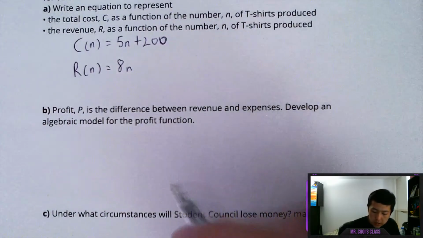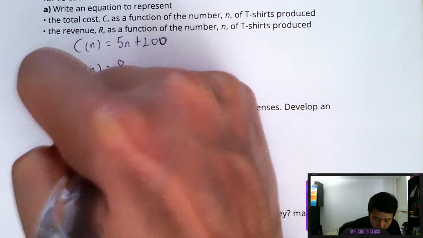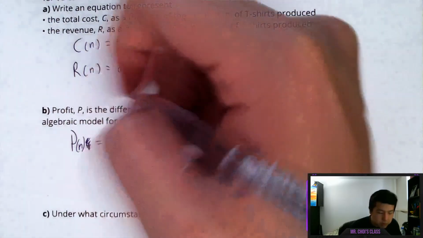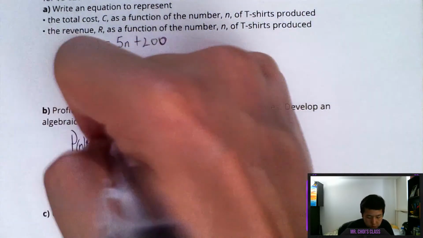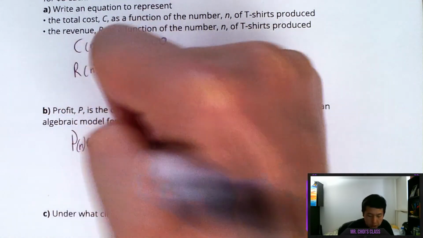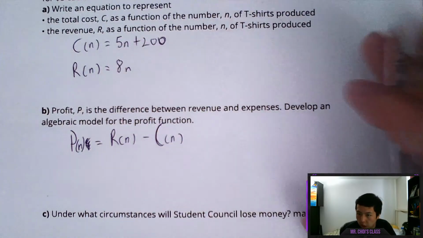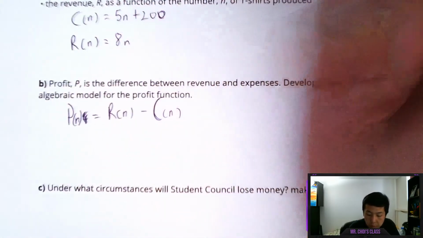And so for us, we can say P of n is equal to the difference between revenue and expenses. So P of n is equal to R of n, your revenue, the money you're making, minus C of n, the cost of your business.